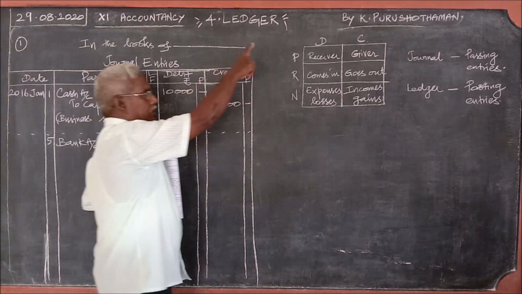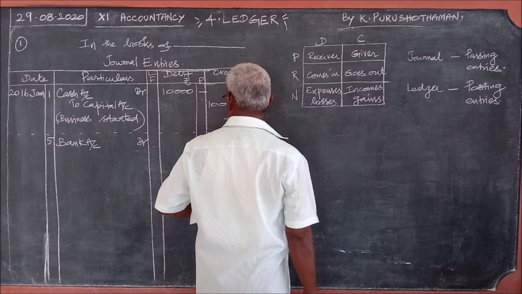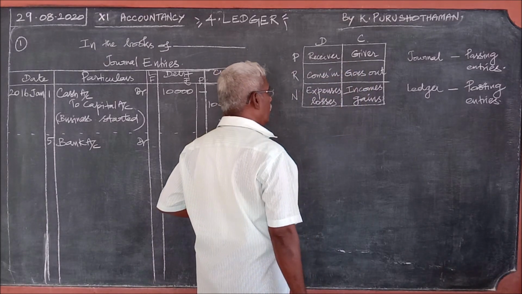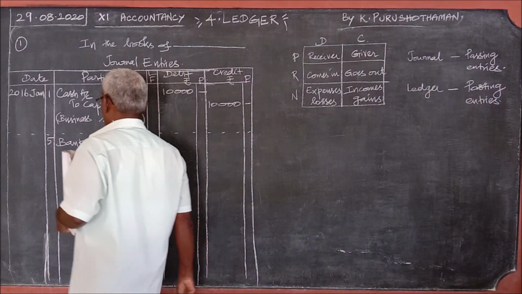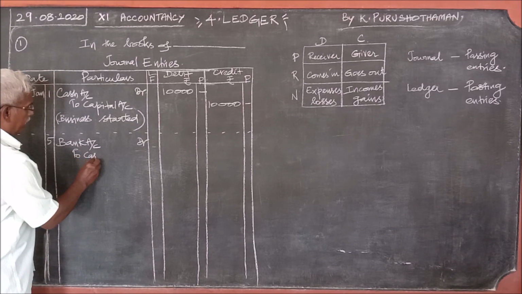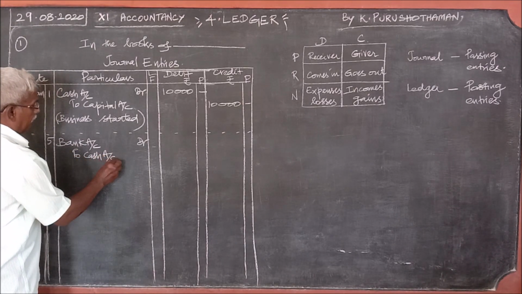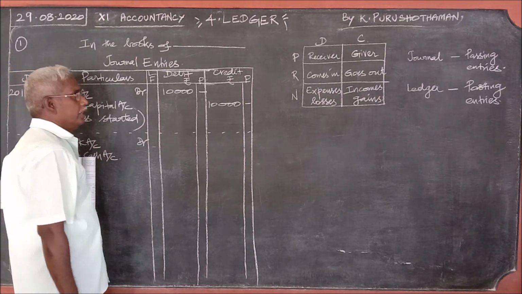Debit rule over. Then go to the credit rule. Giver. Anybody, anything giver there? No. Anything goes out? Yes, cash goes out. Bank account debtor to cash account.